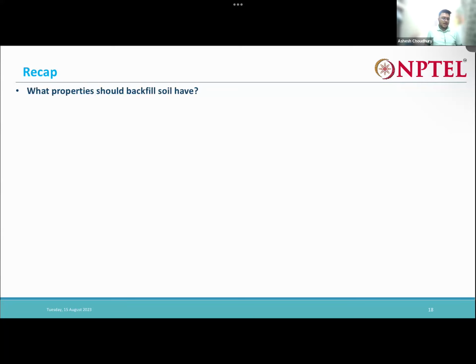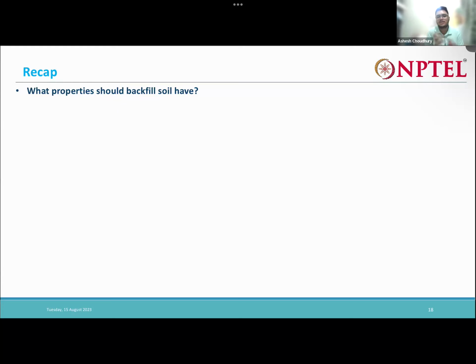Now, what properties should the backfill soil have? Some properties we can say quite intuitively, right? So what do you think? What kind of soil shall we use? We should use granular soil, or should we use fine grain soil?